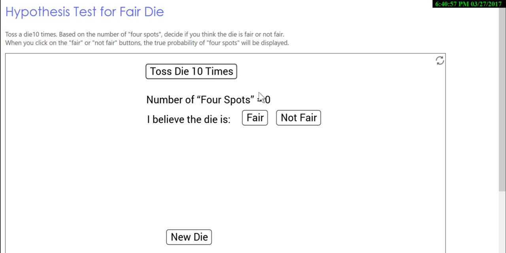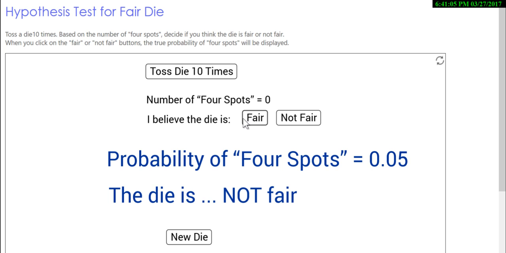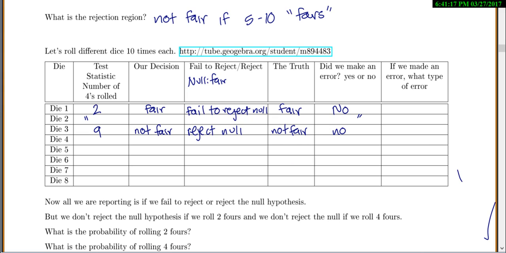So new die, toss it. This time I got 0 4s. 0 is in our fair region. Oh, but actually, this one die isn't balanced at 1/6. It has a 0.05 probability of four. And this die is not fair. So we got a 0.